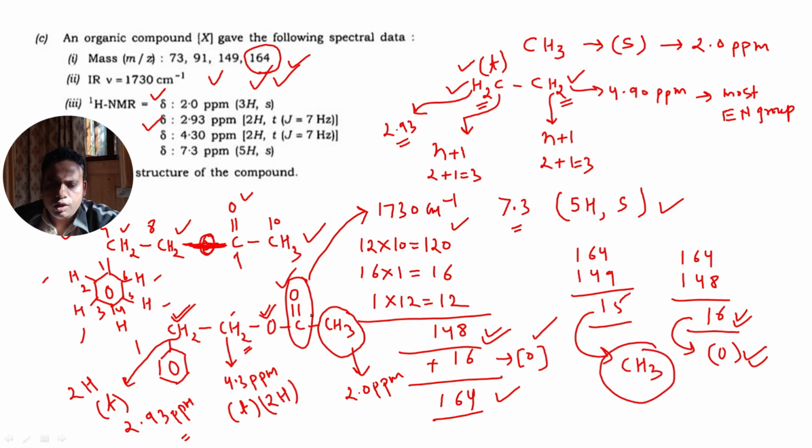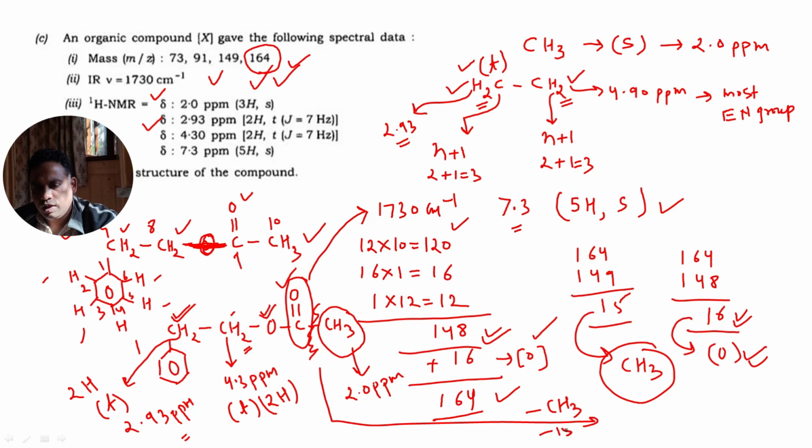So if this molecule undergoes alpha cleavage and cleaves from here, you can subtract minus CH3, that means minus 15 here. So the remaining fragment would be like that only: benzene ring, this is CH2, this is CH2, this is O, C double bond O. This will give you the peak that corresponds to the 149 m/z value.